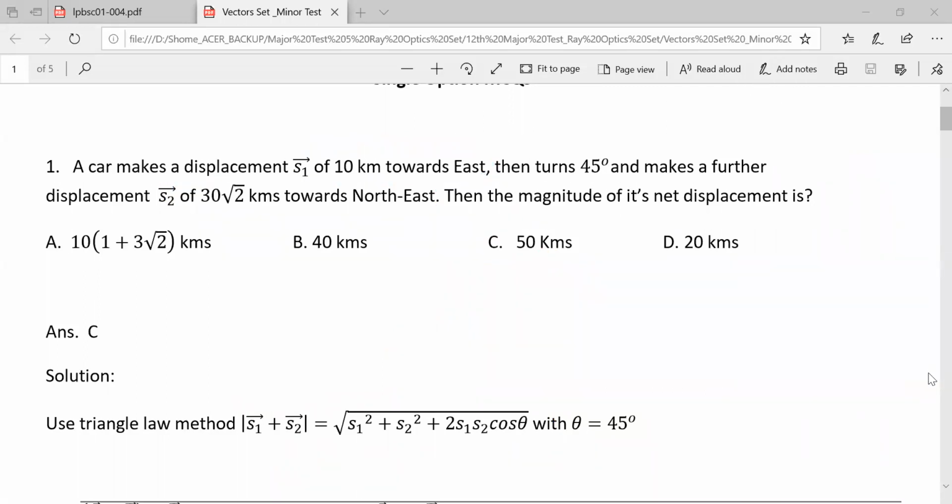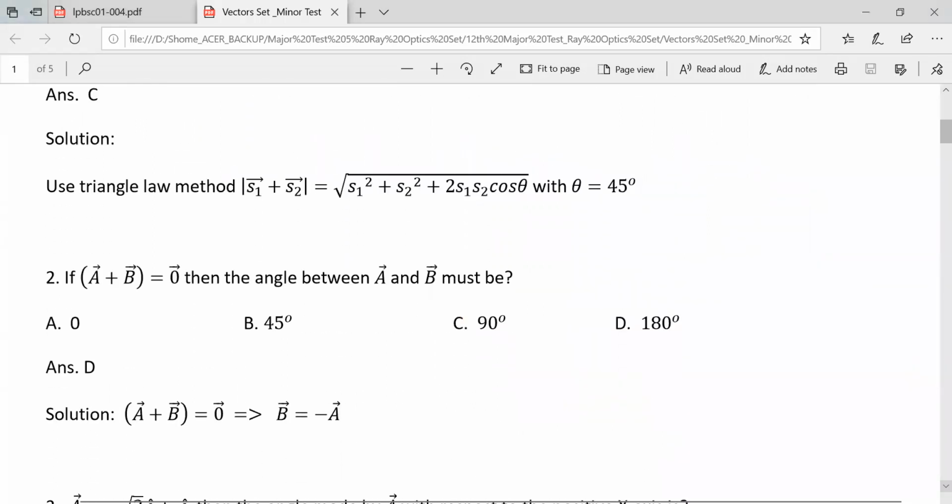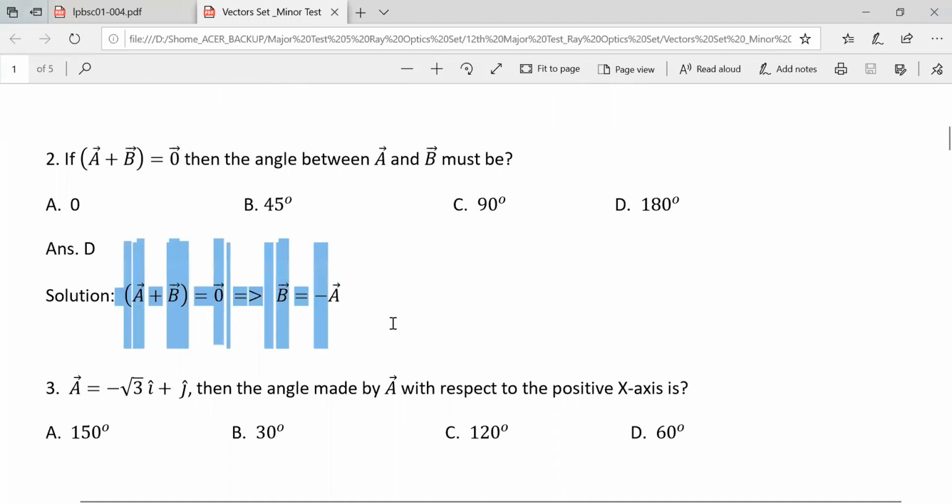Now let's move on to the next one. So the second question is fairly obvious. You should get it from what we have explained here only. Just see this.